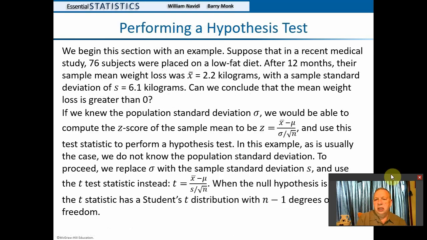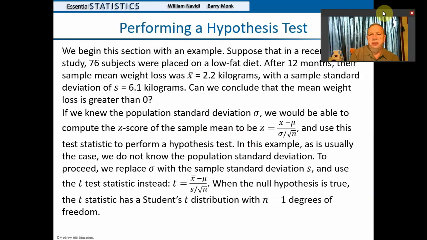If we knew the population standard deviation sigma, we would be able to compute the z-score of the sample mean, and this is how we did the test statistic from last time: x bar minus mu divided by sigma over the square root of n, with n being the sample size. We would use that test statistic to perform a hypothesis test.